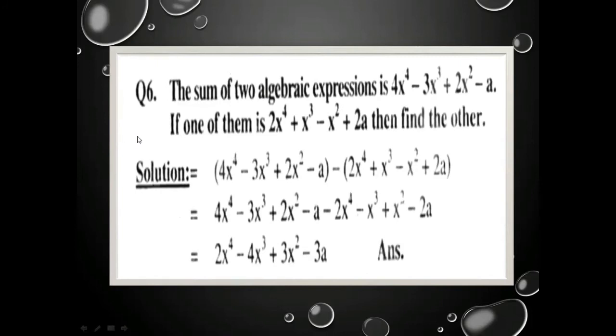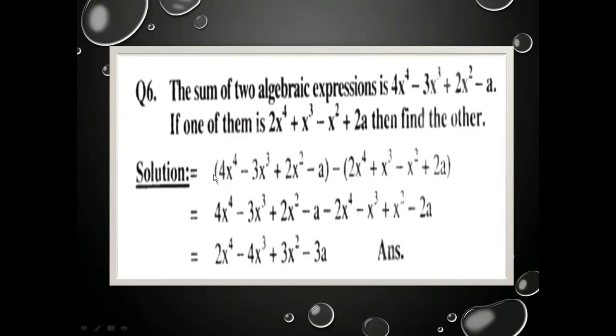Next question: the sum of two algebraic expressions is this. If one of them is given, find the other. It is clear from the instruction that this question belongs to subtraction. So we write the first expression within the bracket, then put a minus sign and write the second bracket, the second polynomial.